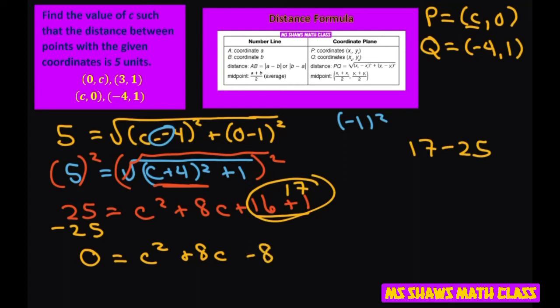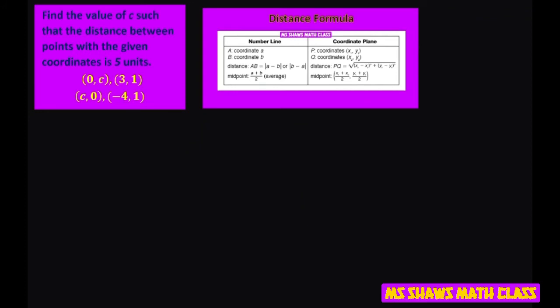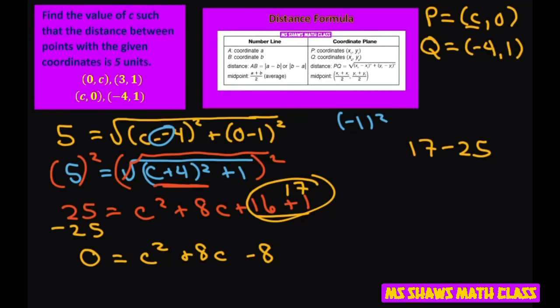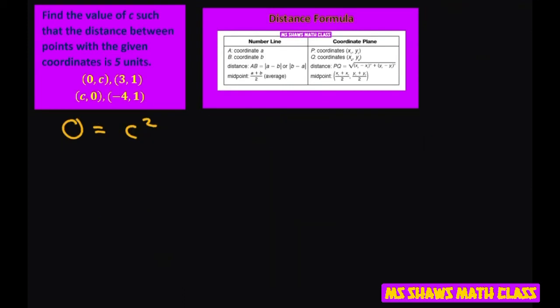Since we have that, we can't factor it. So we're going to have to use the quadratic formula to solve for this. We have c squared plus 8c minus 8 equals 0.